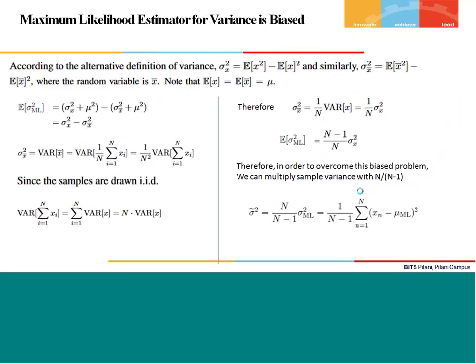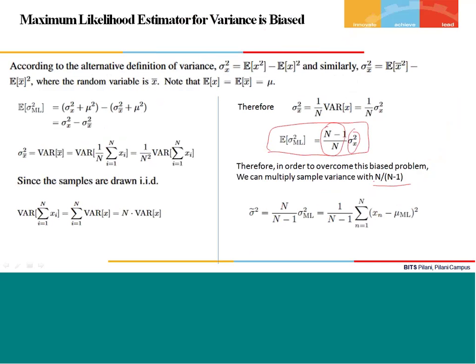So in short, what I'm trying to say is that the expected variance of maximum likelihood is some factor times the true variance, so I have to normalize it again. What I can do is multiply it by the reverse factor, n by n minus 1.